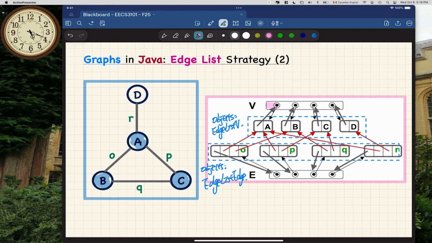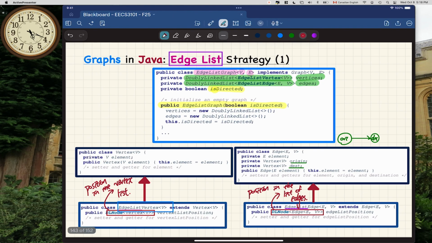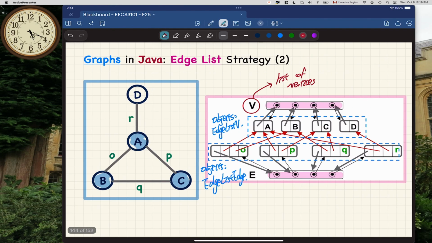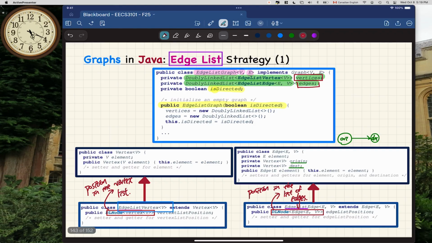So this one here, and also this one here. Okay, this one here is the list of vertices. And this really corresponds to the vertices right here in the graph. And this one here is the list of edges. And that one there corresponds to the edges right here.